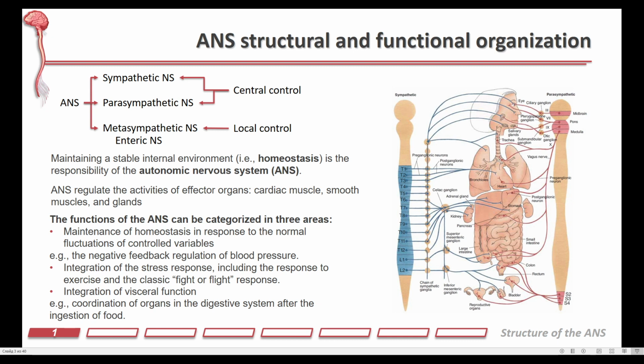Another one is the integration of stress response, including the response to exercises or classical fight-or-flight reaction. And last but not least, integration of visceral functions. Because all of the organs in the body, their activity has to be coordinated so that the entire organism will work as one at the optimal level.